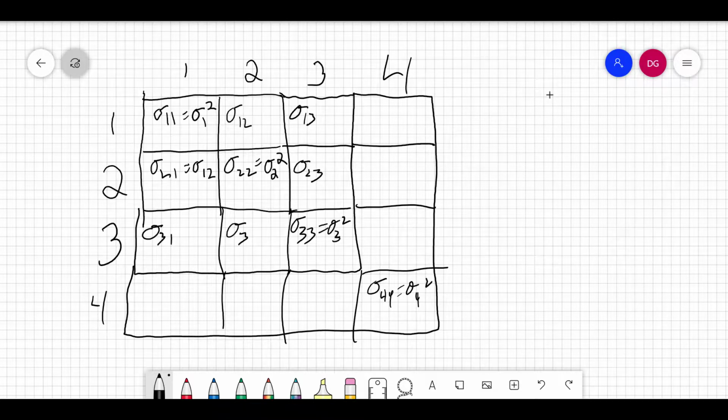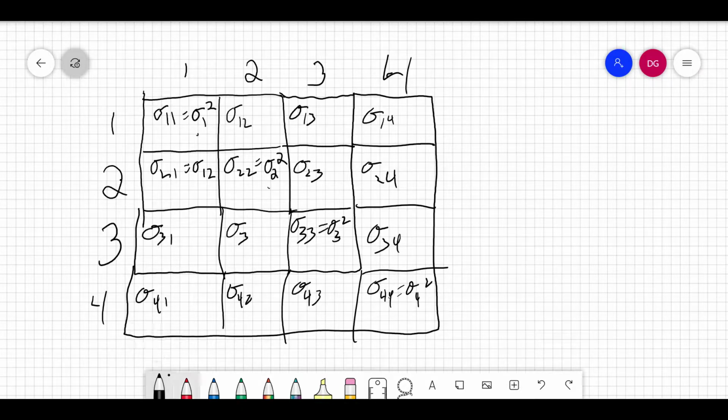So I have 1, 2, 3, 4 variance terms. But what about my cross terms? Now I have a sigma 1,4, a sigma 2,4, a sigma 3,4, a sigma 4,1, a sigma 4,2, and a sigma 4,3.